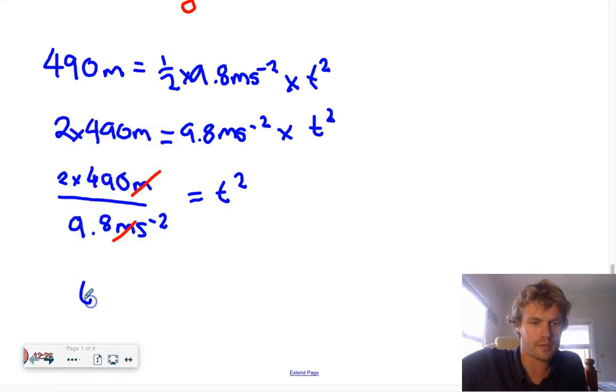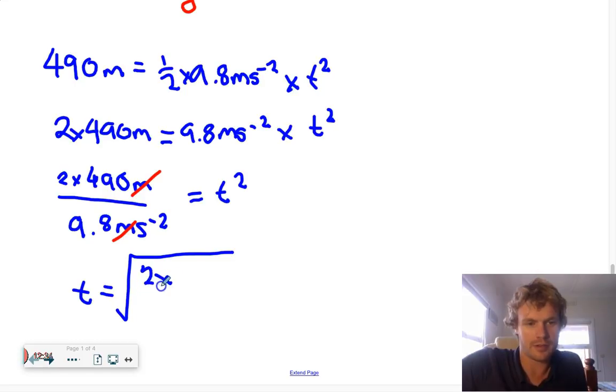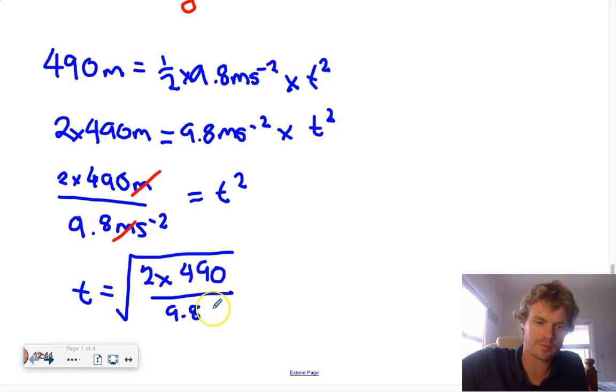So t is equal to, in this case, the square root, get rid of the square, you take a square root, of 2 times by 490 over 9.8 seconds squared.